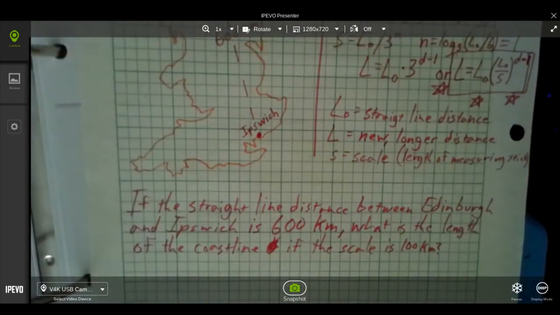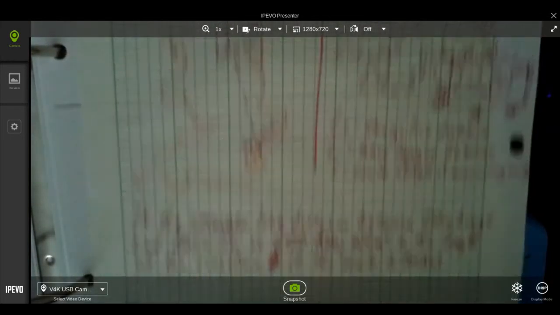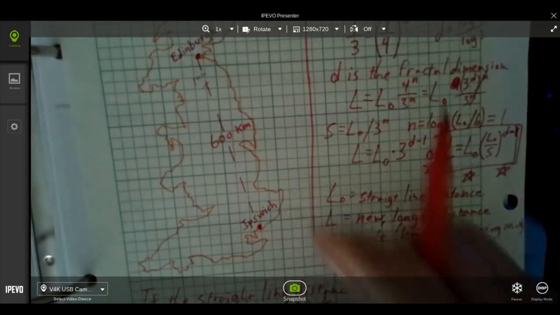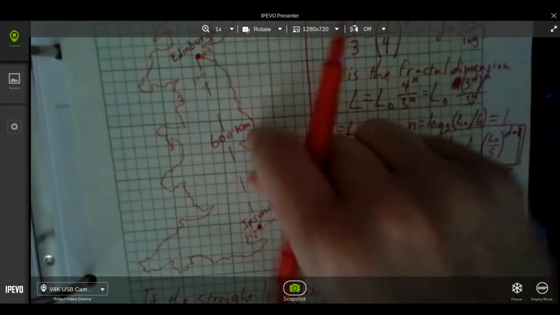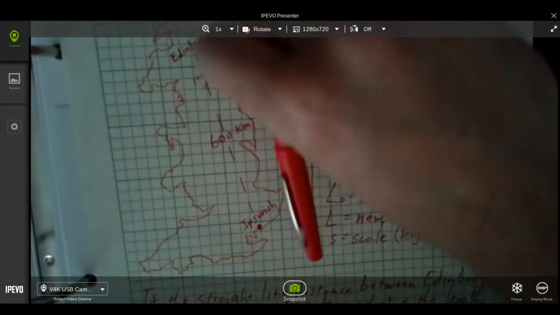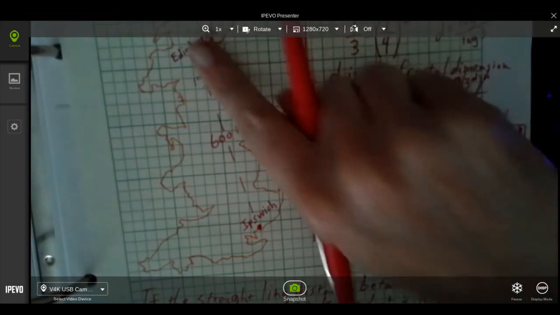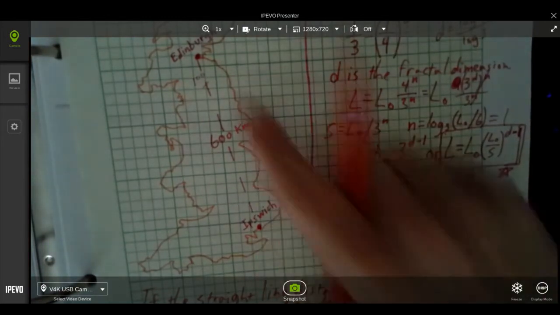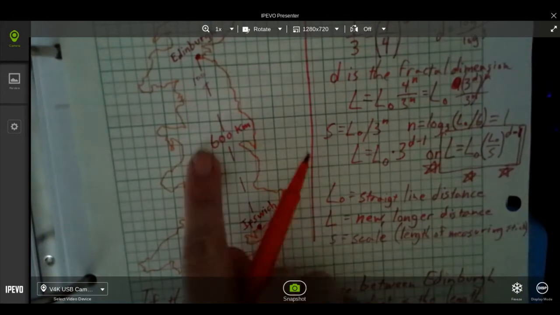Okay, so if I'm using measuring sticks that are 100 kilometers long, what are they going to add up to be? I'm adding up those 100 kilometer long measuring sticks to figure out what my new length is going to be. Obviously, this coastline is longer than just 600.